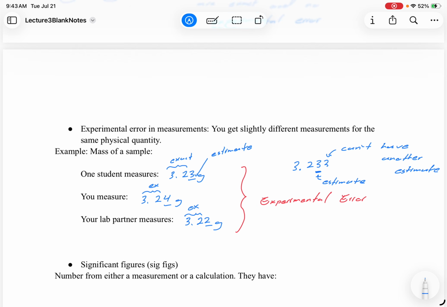So no, that is not allowed. Don't do that.